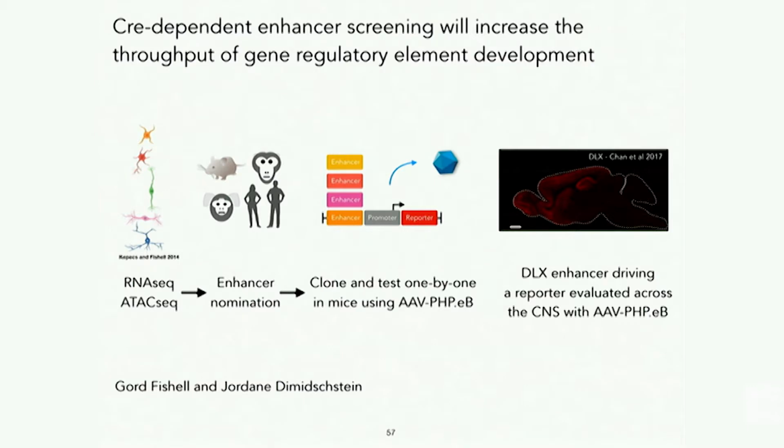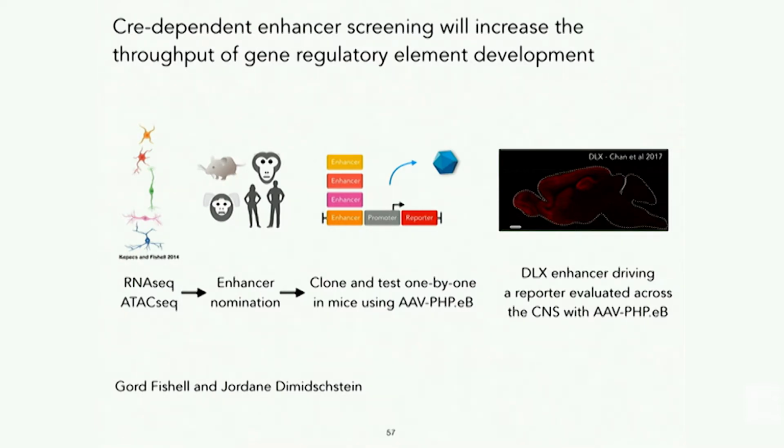There aren't that many gene regulatory elements that have been shown to provide specific expression to the cell types of interest. So Gord and Jordan have been actively trying to find more of these and specifically focused on interneurons, their favorite cell type. So the general approach is that you look at RNA-seq data, single-cell data, ATAC-seq data, and find evidence of where enhancers are within these, and then actually take these enhancers, clone them, put them into an AAV vector, put them into the PHP.eB virus, and then test them one by one in mice.